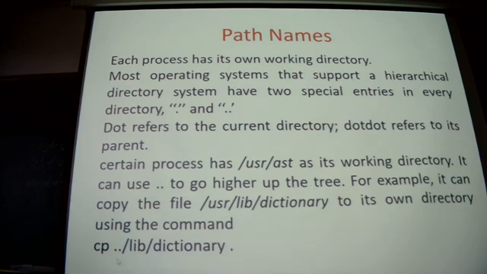So let's focus on this command. We can see dot dot, and this is the absolute path. So dot dot in the absolute path means we will go higher up.